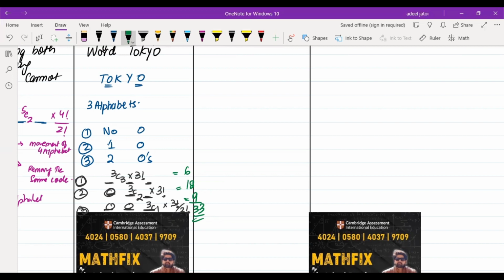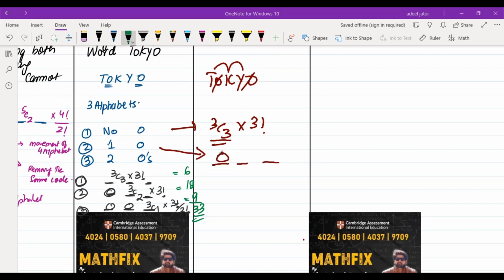When there is no O, obviously it would be 3C3 into 3 factorial, because out of Tokyo, since two O's are cancelled out, we are left with 3 alphabets. Out of 3, we are getting 3. In the second option, we know that one O is coming. But out of the 3 alphabets, there can be 2 possible things, and these 3 alphabets will move.